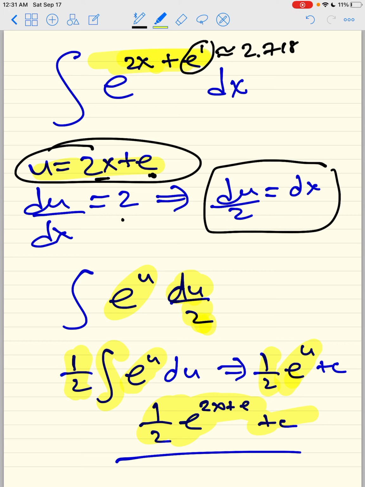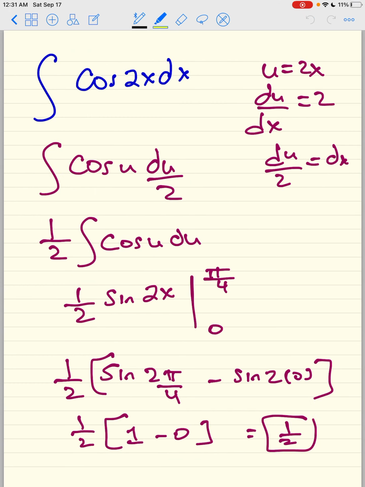If it was e to the x, then we have a different story. If it was e to the x, then you're going to have to pretty much break it up, right? So that wouldn't be possible there, so leave it alone, I guess.